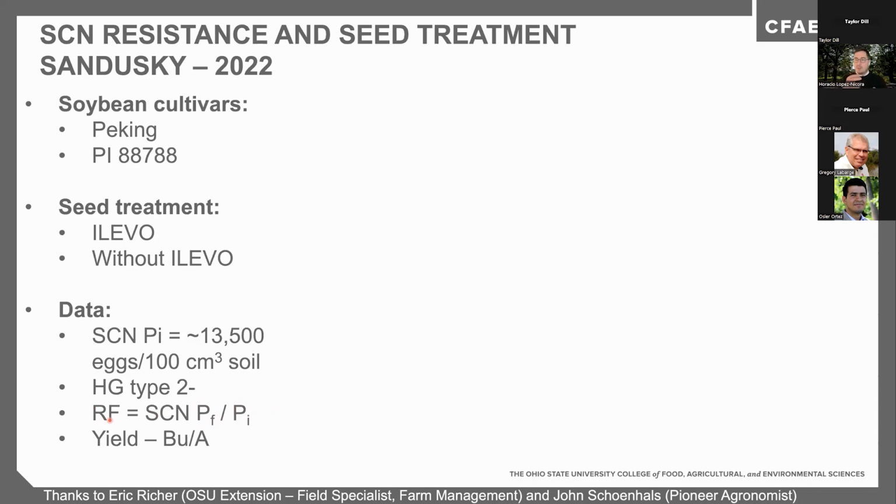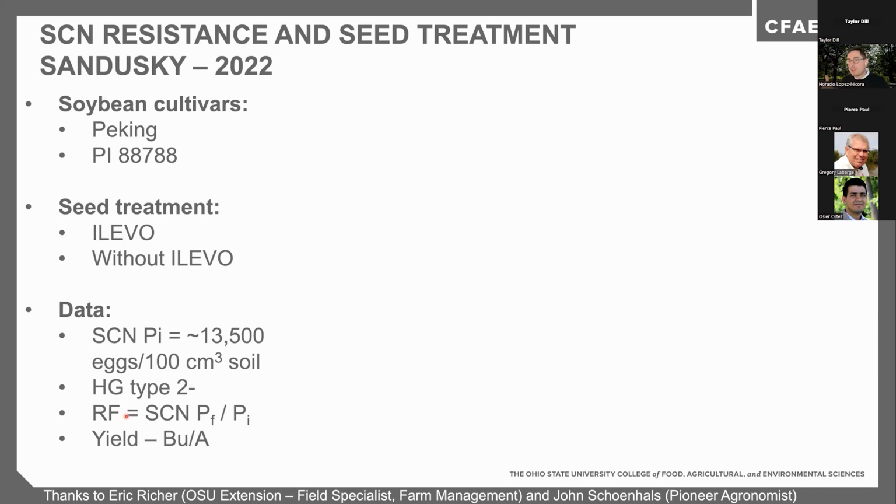So it's a ratio: the final population divided by the initial population. If we divide the same number, 3 divided by 3 is 1, 2 divided by 2 is 1, 2,000 divided by 2,000 is 1. If the population of the nematode is the same at harvest as it was at planting, nothing changed. The reproduction factor is 1.